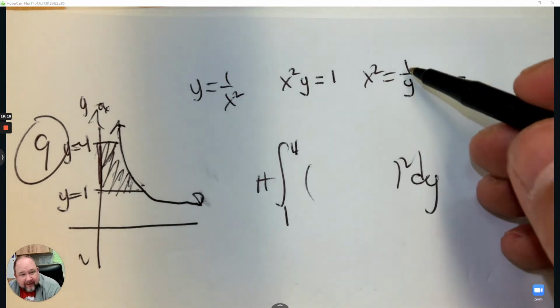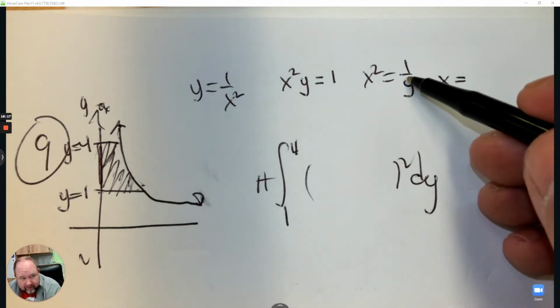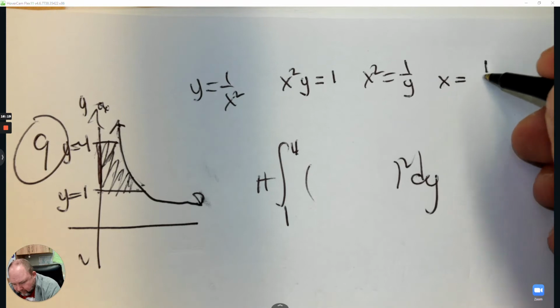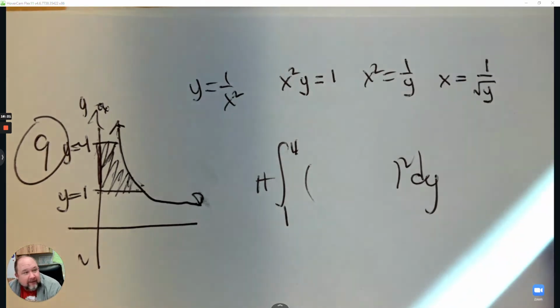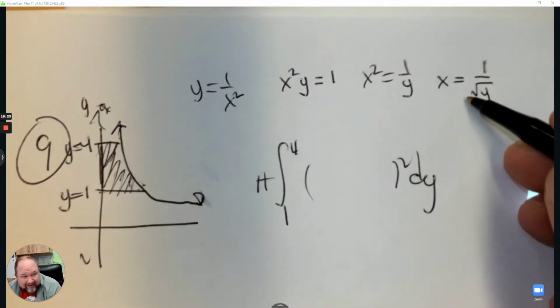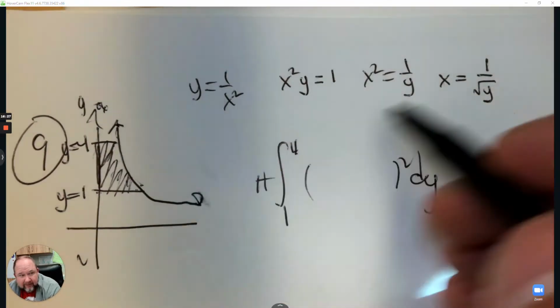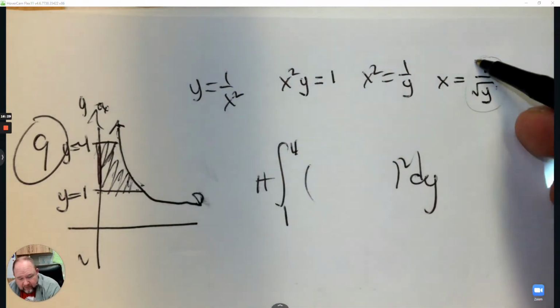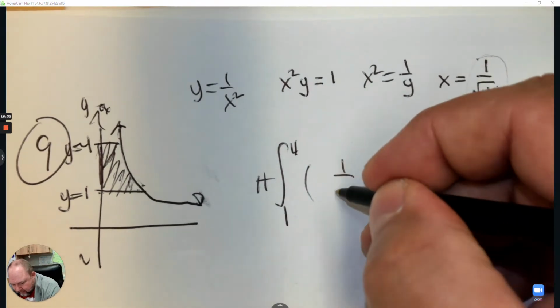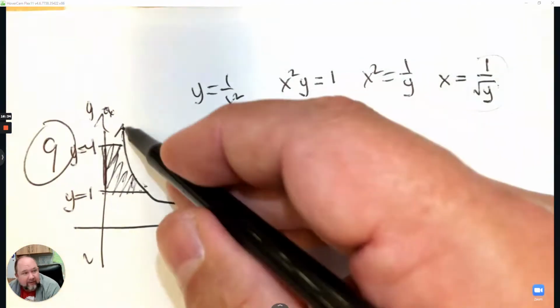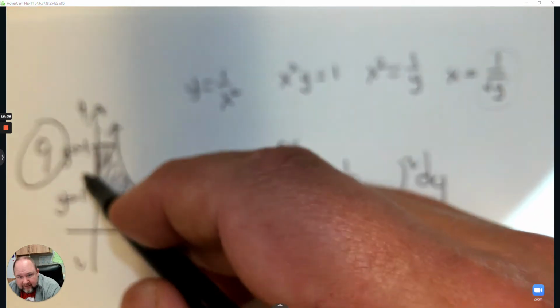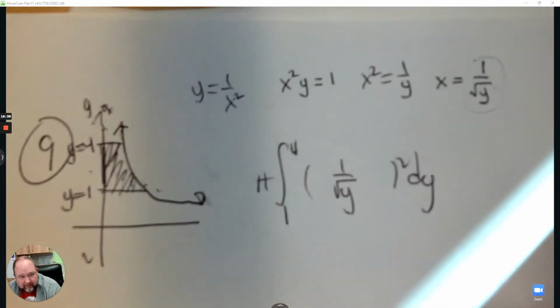Now, in calculus, you can leave a square root in the denominator. So when I square root this, the square root of 1 is 1, and the square root of y is root y. And it would be positive and negative, but we're only looking at the right side. This graph actually has a left and a right. So we just need the positive value here. And so that's the right subtract left. So it's 1 divided by root y, take away 0, or just 1 over root y.